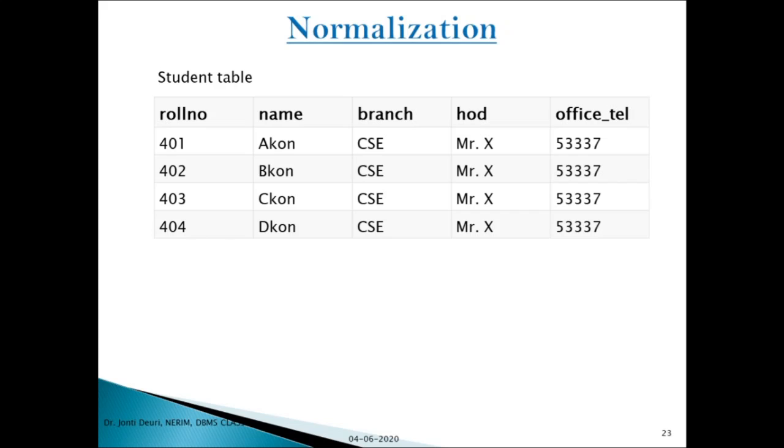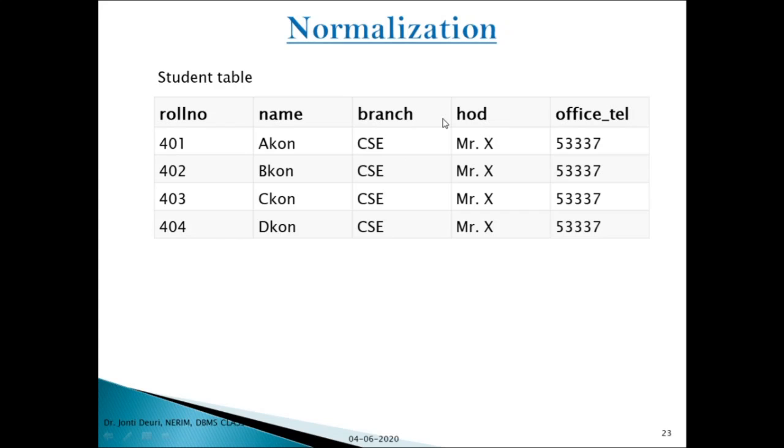Again, if we delete some values, say the students are not here, so we delete the students' details. What will happen? If we delete 404, 403, 402, 401, and the last one, then we will lose our branch and HOD information also.